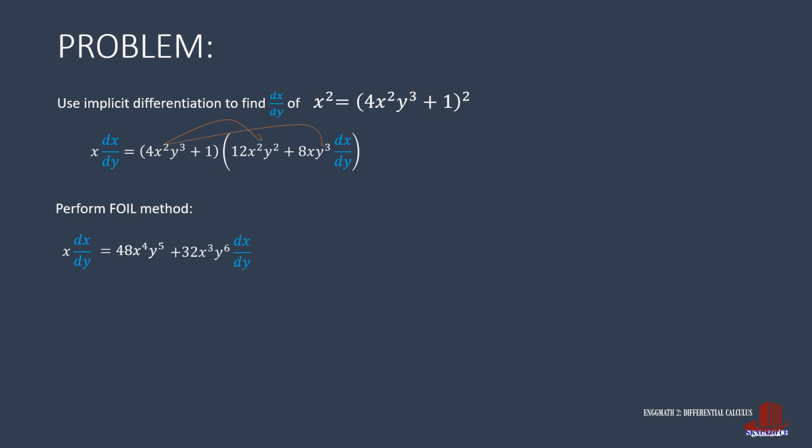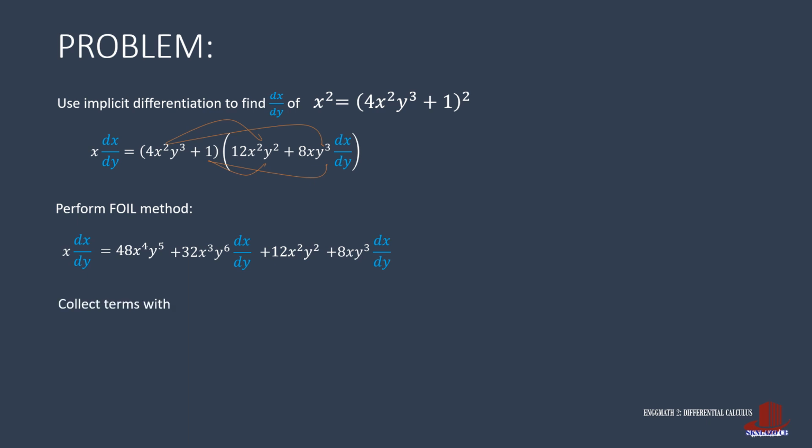Next is 4x squared y cubed times 8xy cubed with dx over dy, resulting to 32x cubed y raised to 6 times dx over dy. The third term is 1 times 12x squared y squared, and that is the same 12x squared y squared. The fourth is also 1 times 8xy cubed, which is the same as 8xy cubed with dx over dy.